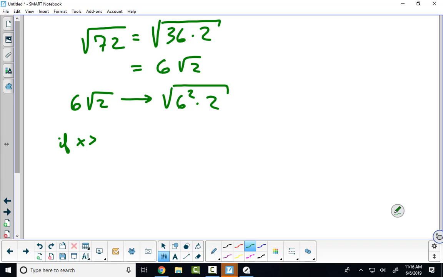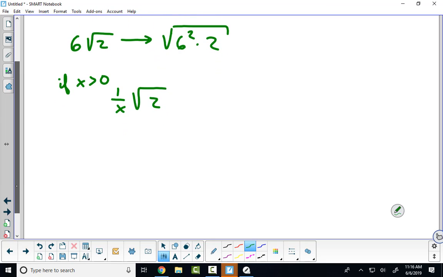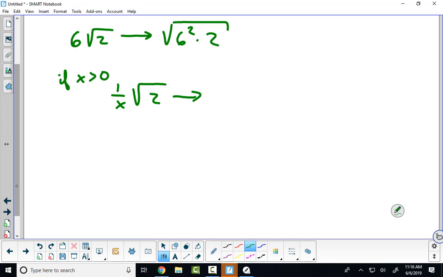If x is positive, if I take 1 over x and I want to pass it inside that square root, how's it going to go in? 1 over x squared, right? Everyone okay with that? When you pass something inside of a square root, it becomes squared.